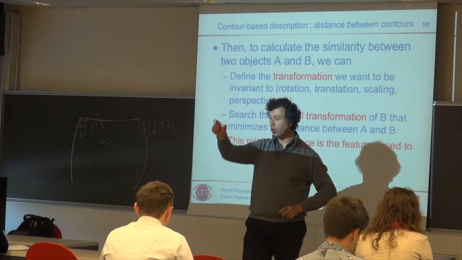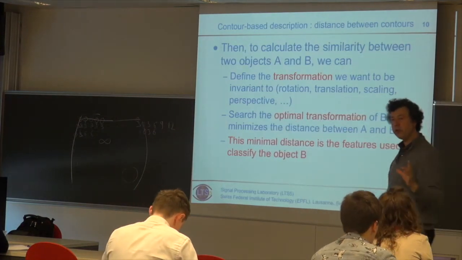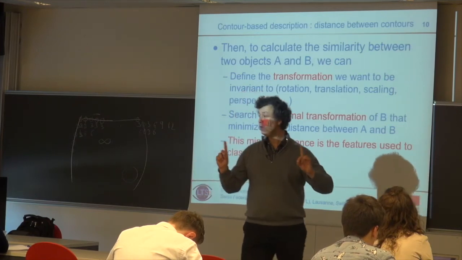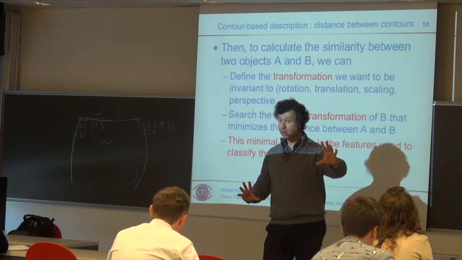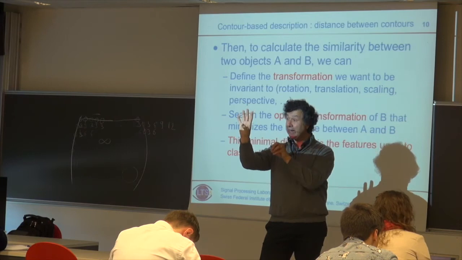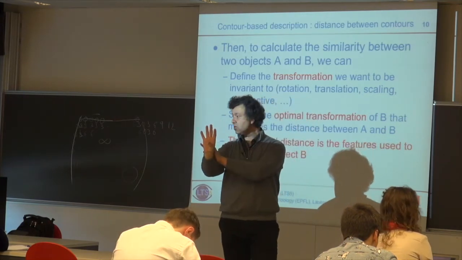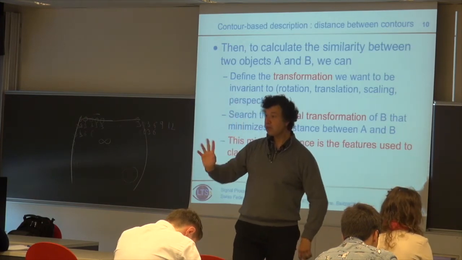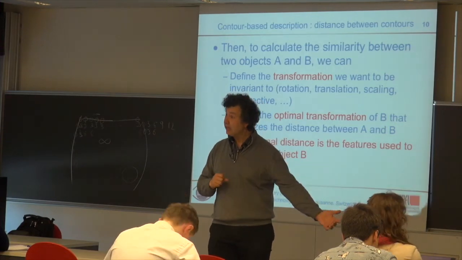You have a small vertical and a large horizontal rectangle. What do you do? You want to be invariant to the scale. You want to say those two rectangles are the same up to a rotation, translation, and scale. Well, you just say, I find the rotation, translation, and scaling of that object here such that I minimize the distance to the other. And after minimizing, if the distance is 0, that means that they are the same up to a rotation, translation, and scaling.